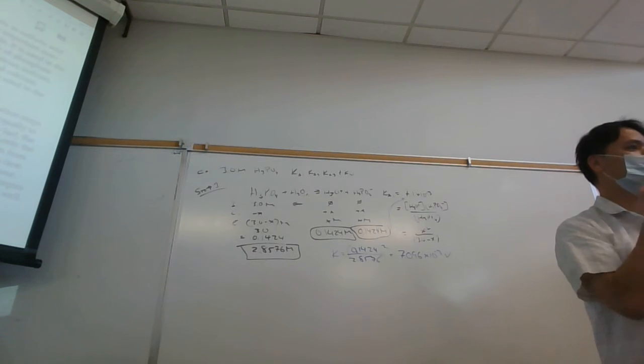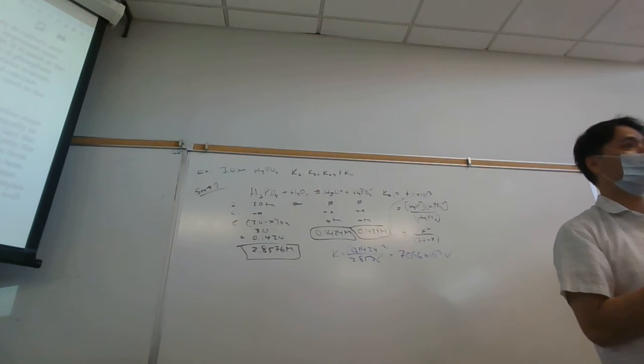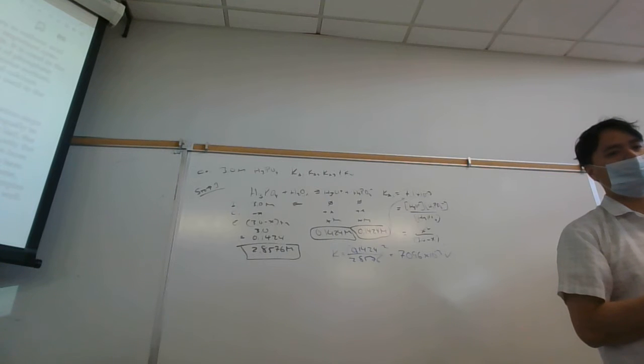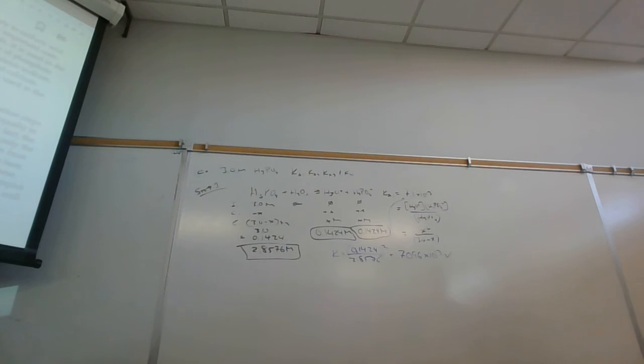The basic ones are smoother, more slippery. The bases are slippery, like soap. But I'll tell you, our deionized water here has a pH of about 4.5 to 5, which is pretty acidic. Why is it so acidic? We'll talk about that.